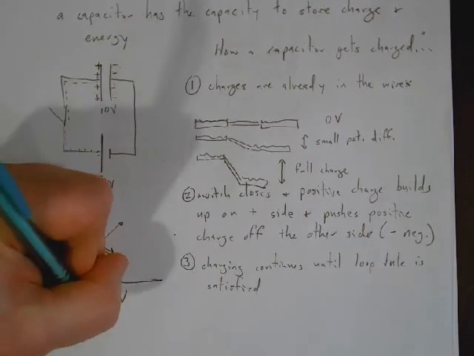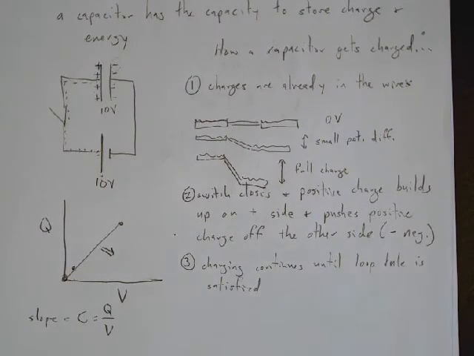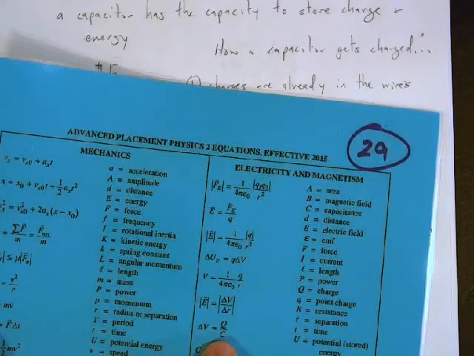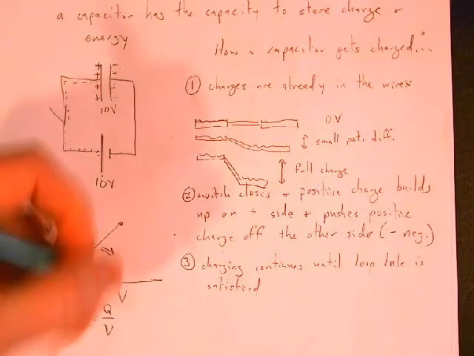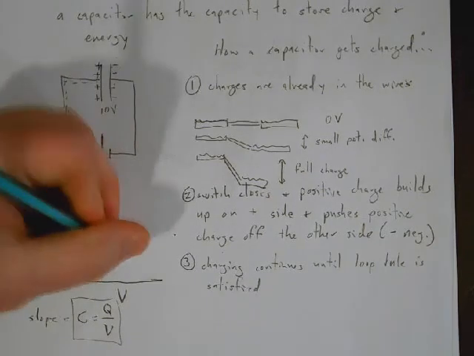Which then means, well, slope is rise over run. So C is going to be equal to Q over V. And yes, if you look on your equation sheet, you will see that's one of your equations. It's written a little bit different, but it is there, okay?